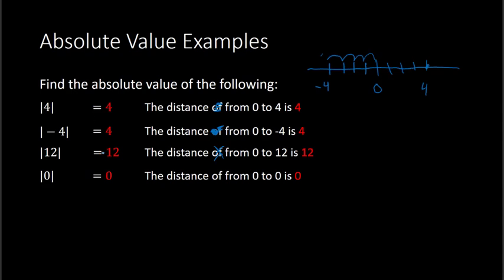So if you notice, basically we're just making whatever's on the inside positive if it's not already. So this negative 4 becomes a positive 4. Here we have absolute value of negative 18. This becomes a positive 18, because the distance of negative 18 from 0 is simply 18.